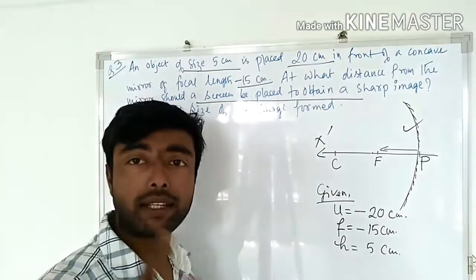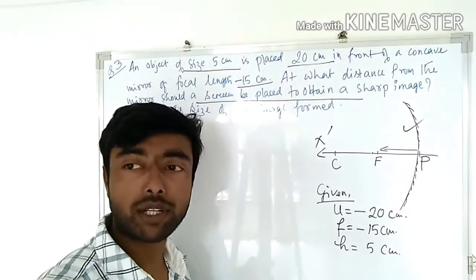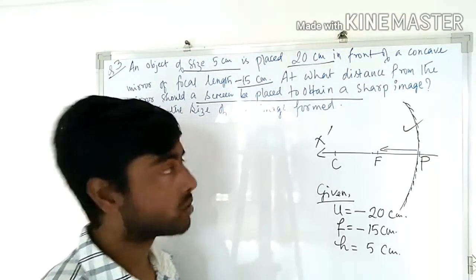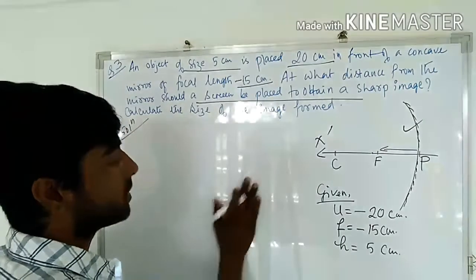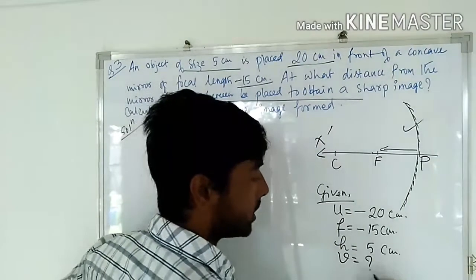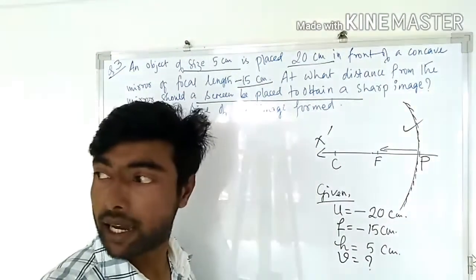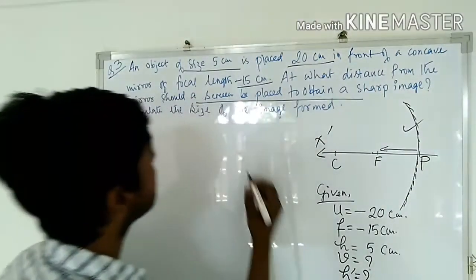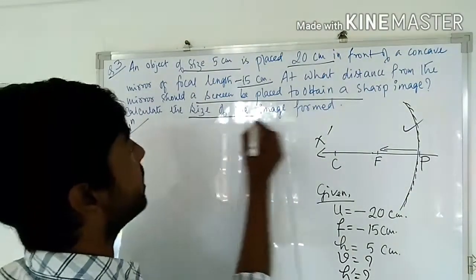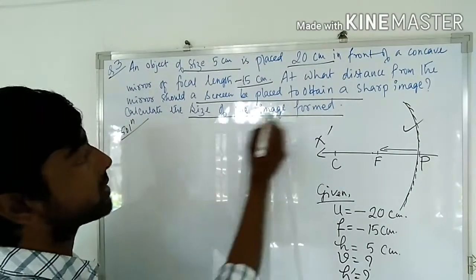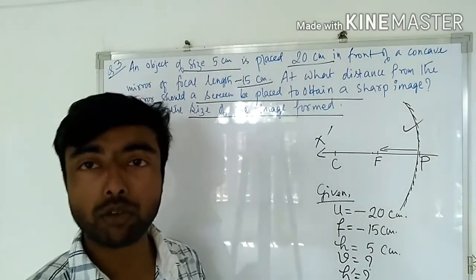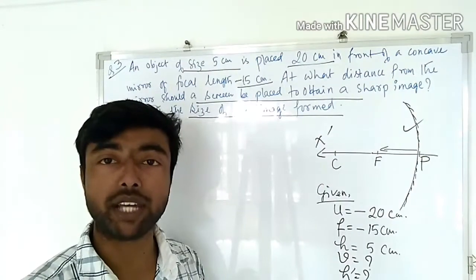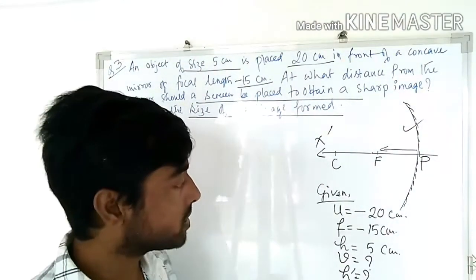That's why the screen distance from the mirror is known as the image distance. Clear? So what you have to do here is find out V value, the image distance, and then also calculate the image height, that is, the size of the image formed, H dash. Done? So this much is given.